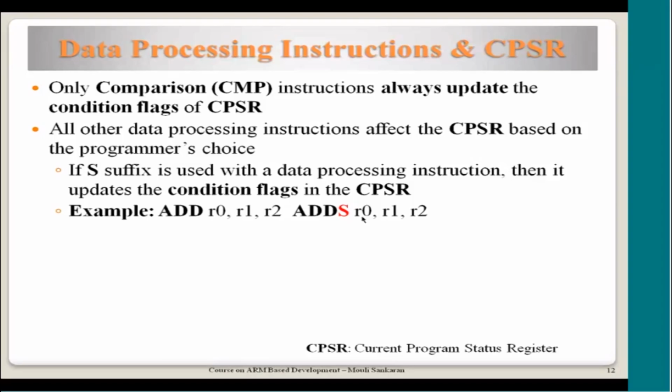There is no overflow and no carry here, so except for the zero flag, all the flags will be clear. That will be the state after the execution of this instruction. So I hope you understand that when you mention an S after the opcode, such as adds, that means this instruction is allowed to change the values of CPSR.